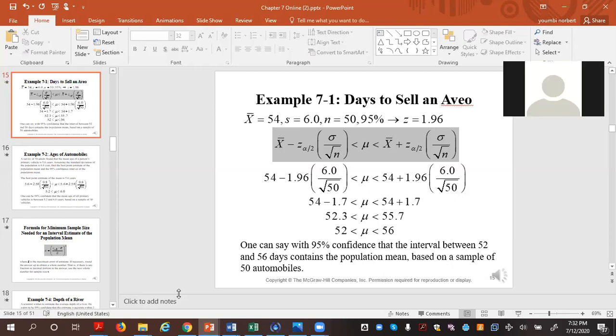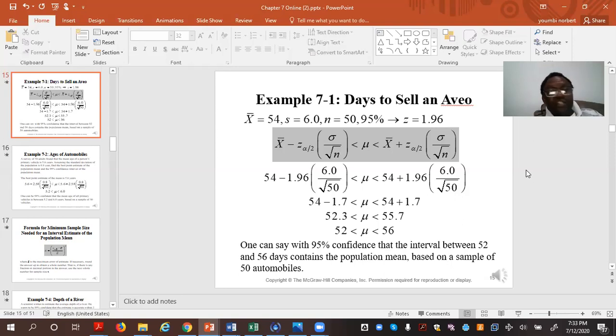What formula are we using? Can you see the screen? So we are using the formula when sigma is known, with the Z alpha over 2. Do you see the formula? So now you want to write the sample mean here, which is 28.1.